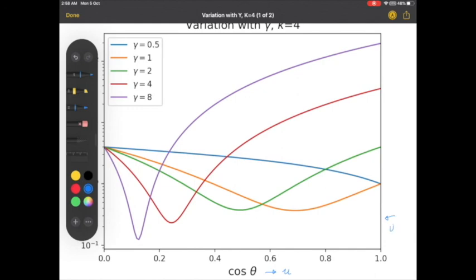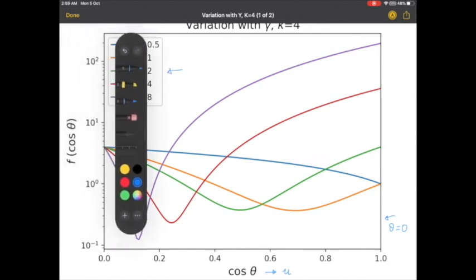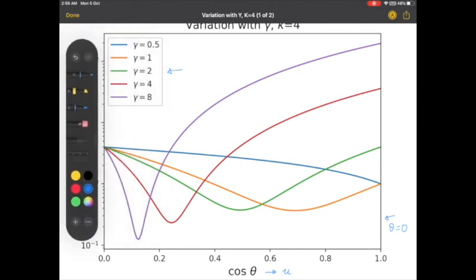Theta equals 0 is here, because at that place cos theta is 1. And for different curves, I have different values of gamma. In y, I have plotted f of u, which is f of cos theta.